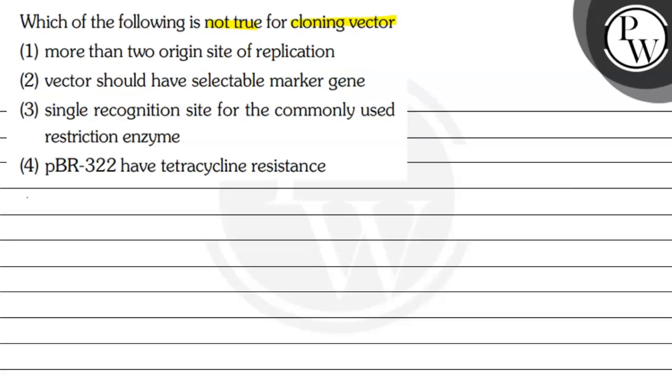So the key concept in this question is to first understand what is a cloning vector. So this is an easy question. Let's begin by first understanding the key concept. Cloning vectors are used in recombinant DNA technology.